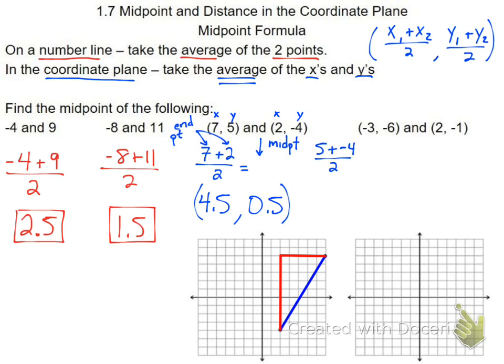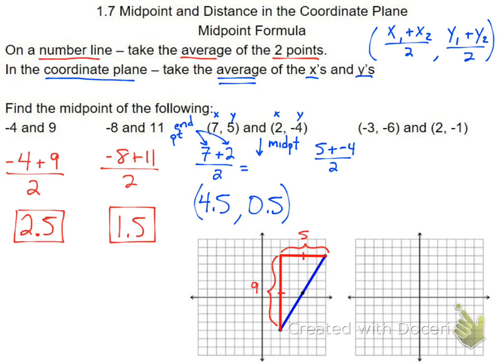I know that this vertical line right here is 1, 2, 3, 4, 5, 6, 7, 8, 9 units long. And I know that this one right here is 1, 2, 3, 4, 5 units long. And so cutting each of those in half, 5 is 2.5, and then 9 is 4.5, so 1, 2, 3, 4.5. And so I know that they have to meet where those two intersect, which is right there.